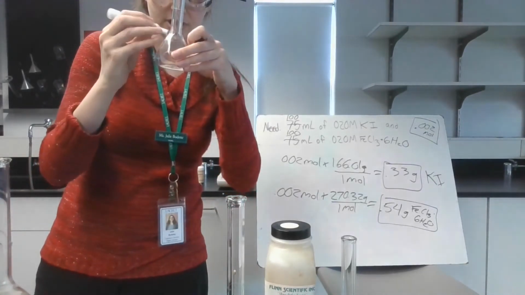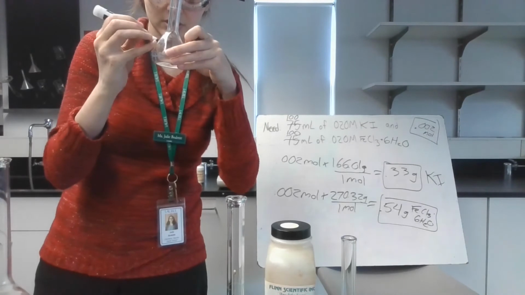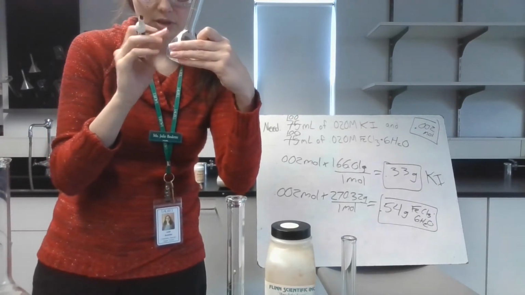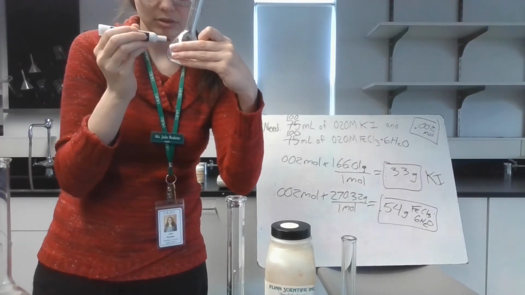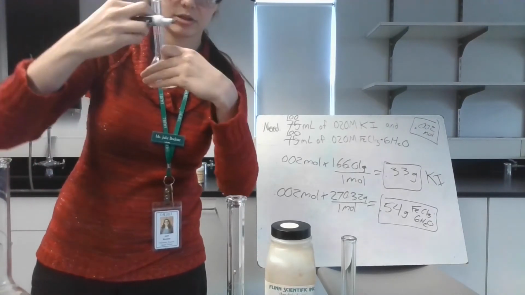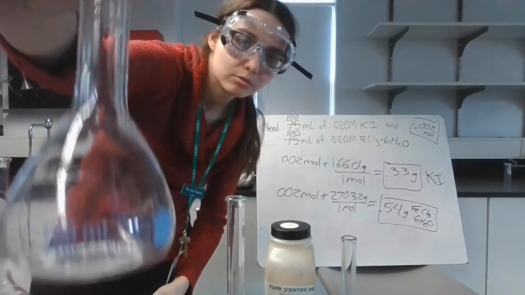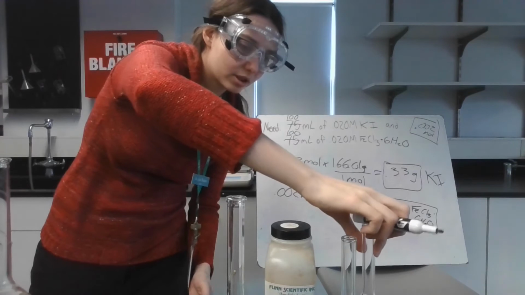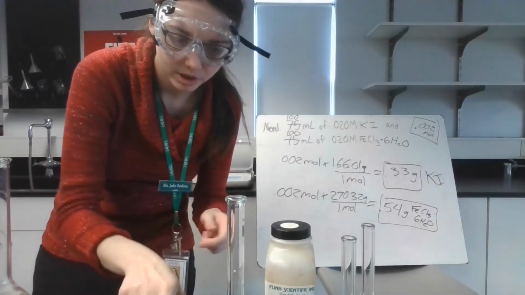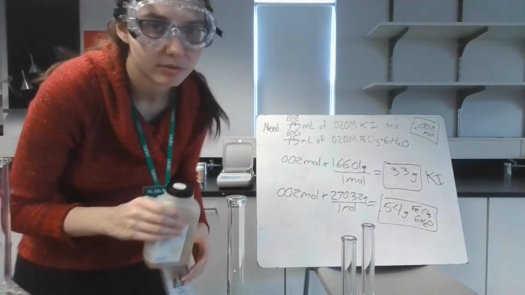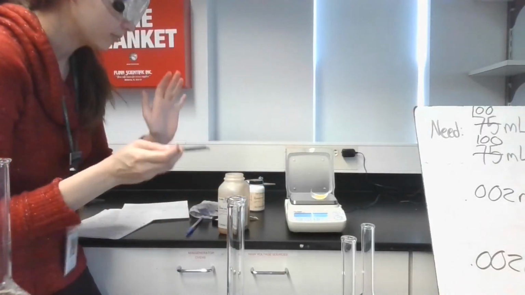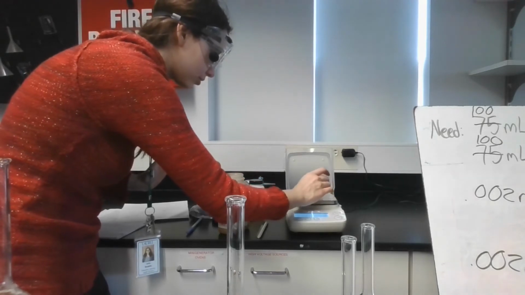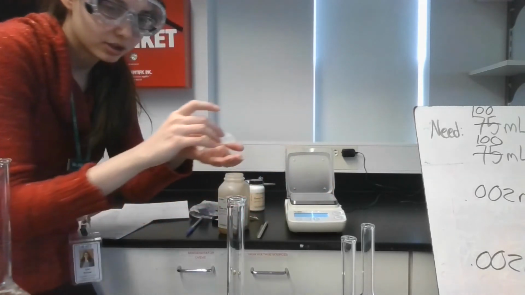You know what, I'll just marker this: 0.020 molar. Beautiful, look at that, 0.33 grams of that stuff. Okay, so next we have FeCl3, and I just need to weigh out 0.54 grams of it. Oh, 0.5, okay, 0.54, we're good. That took super long, okay.